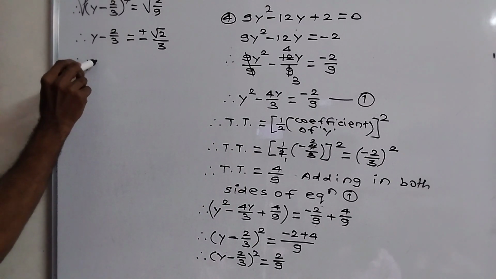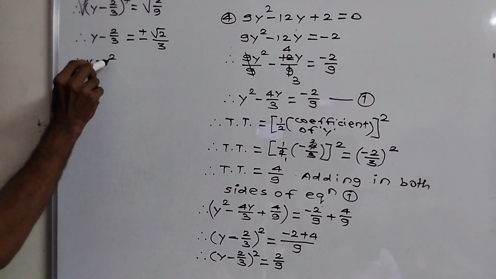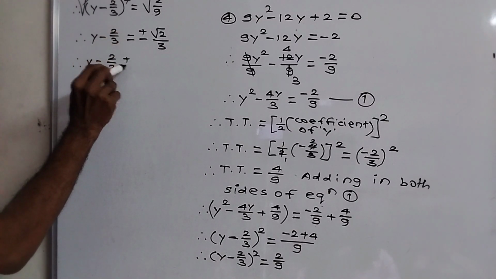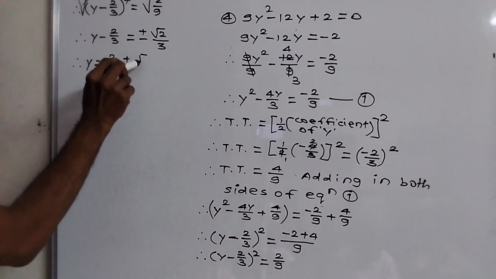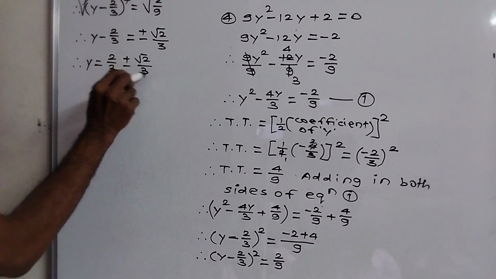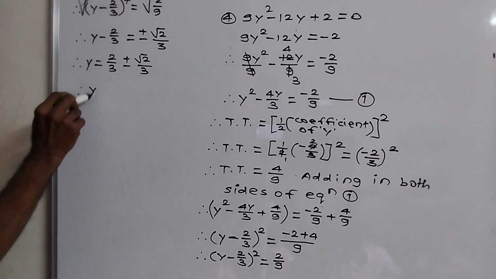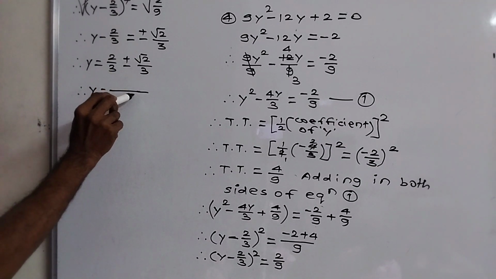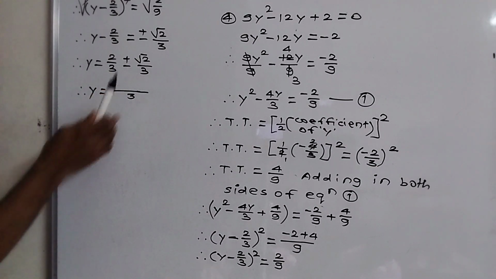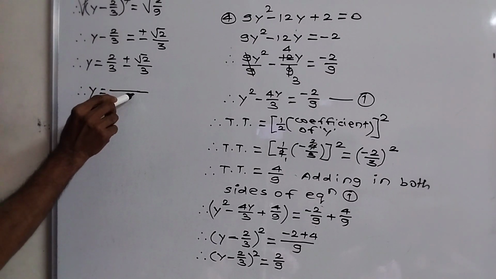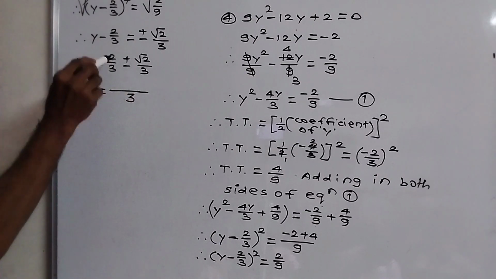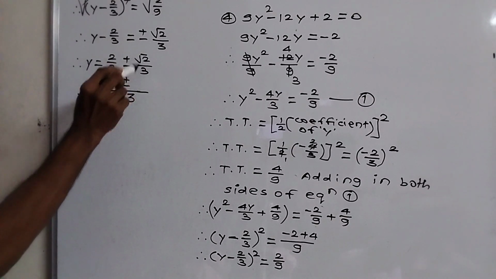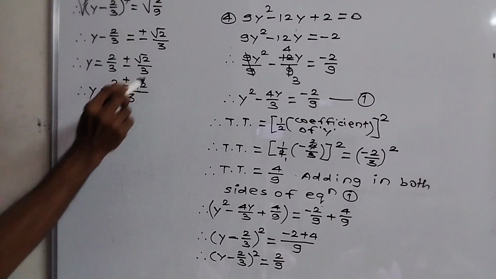Therefore, now we take this minus 2 upon 3 to the right side. Minus becomes plus, 2 upon 3 plus minus square root of 2 upon 3. Now here also the denominators are same or equal, right? As it is, means 3. And here 2 plus minus square root of 2.